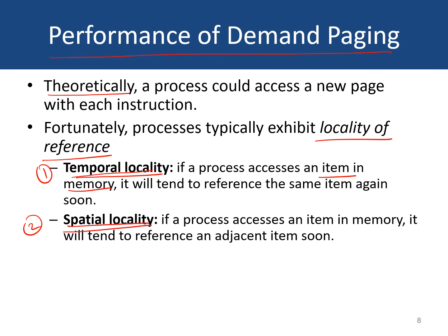Spatial locality says that if a process accesses a certain memory address in the main memory, then it is more likely to access the neighboring memory addresses as opposed to accessing random memory addresses far away. So because of these localities exhibited by our executing processes, demand paging does not perform terribly.